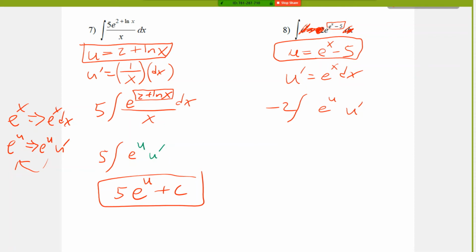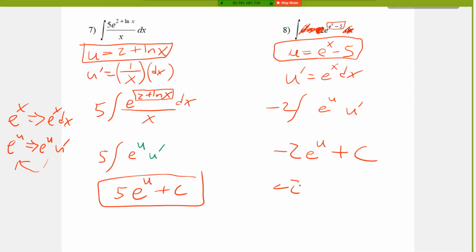Okay, that'll be -2 times what? Okay, times e to the u plus c.